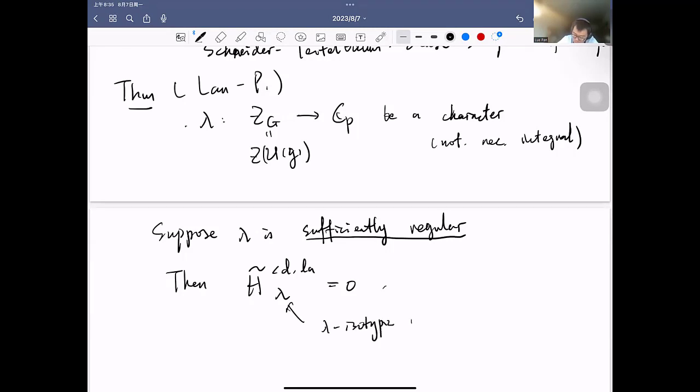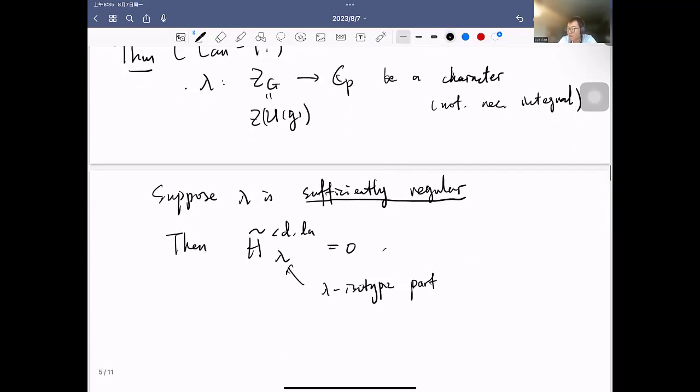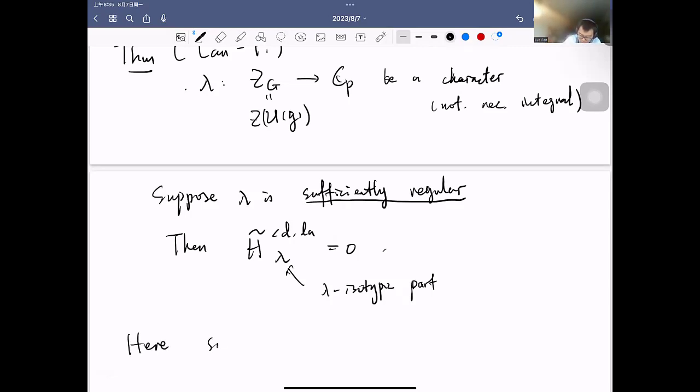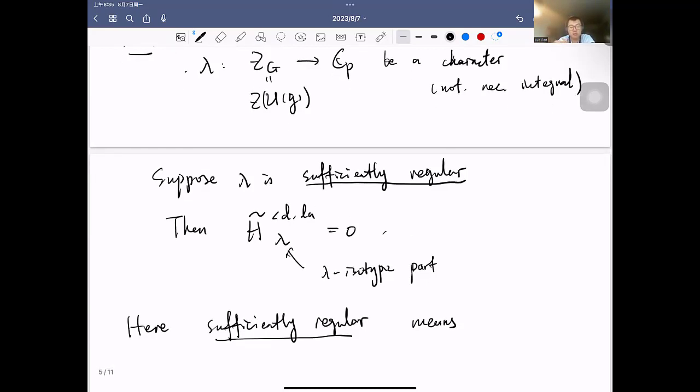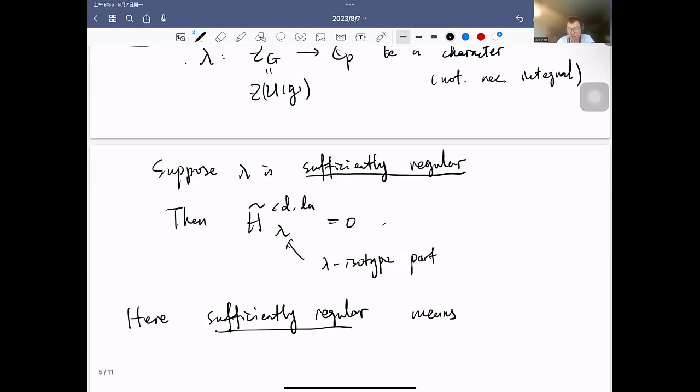It should be clear what it means. And here the sufficient regular again means that if you pair your infinitesimal character, viewed as a weight, with a co-root, you cannot take certain values that are very explicitly determined in each case.